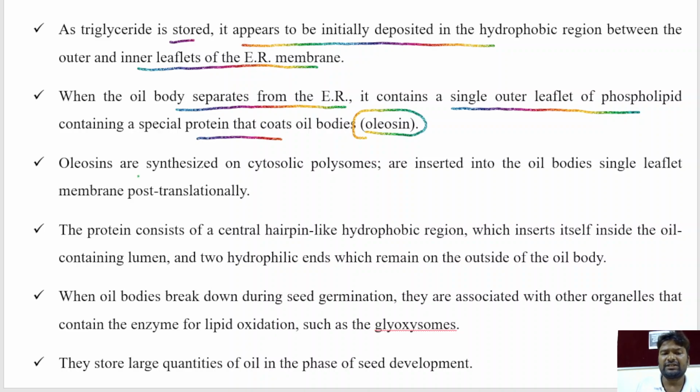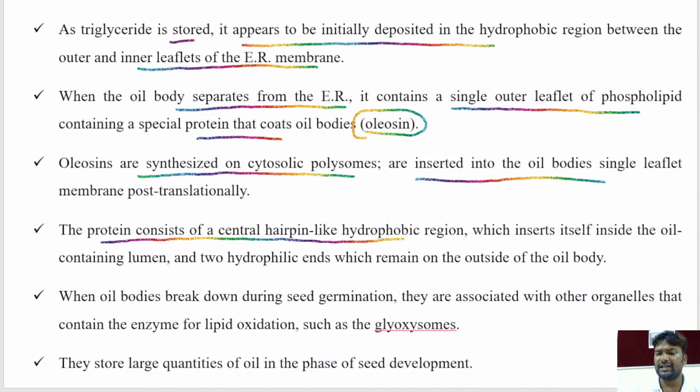Oleosins are synthesized on cytosolic polysomes and inserted into the oil bodies, and the protein consists of a central hairpin-like hydrophobic region which inserts itself inside the oil-containing lumen.